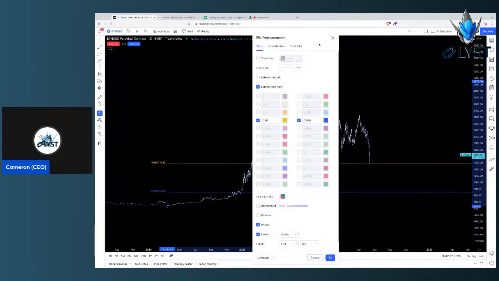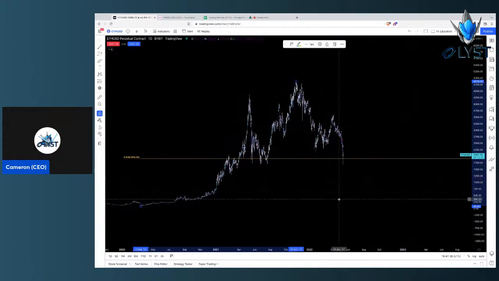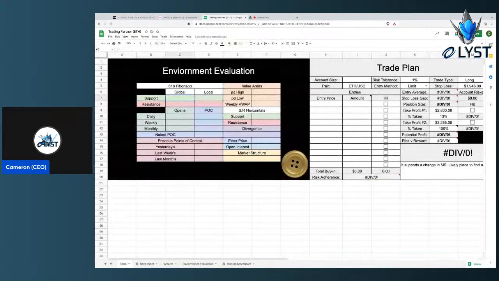Then we change these digits, and what we want to find is the 618 specifically. That is 1915.45. So we come back in here, 1915.45.